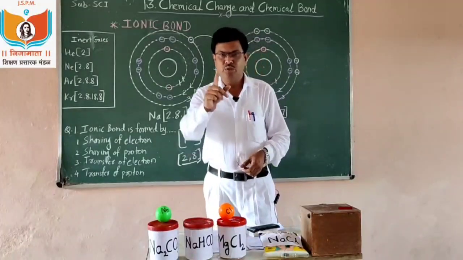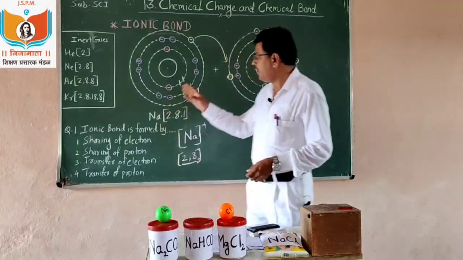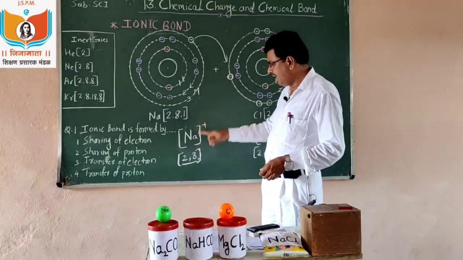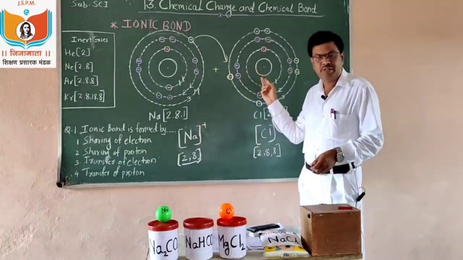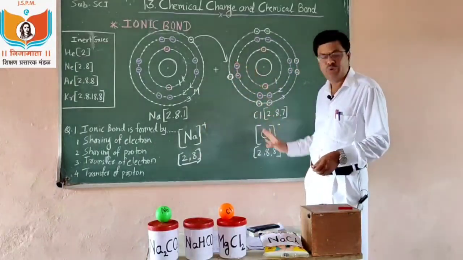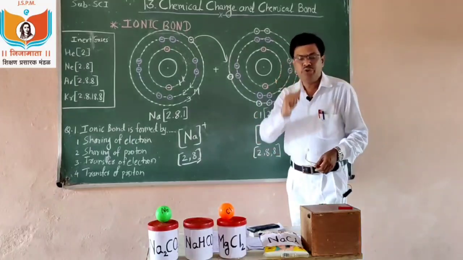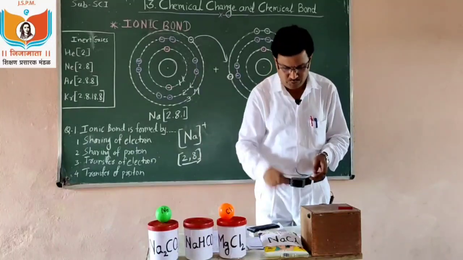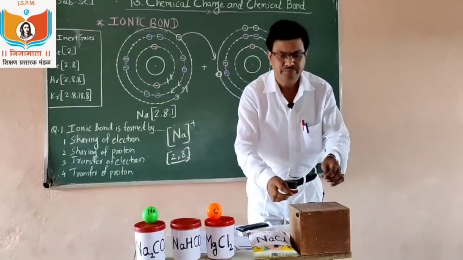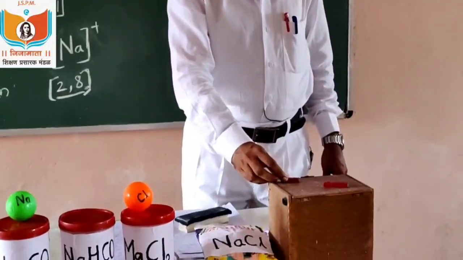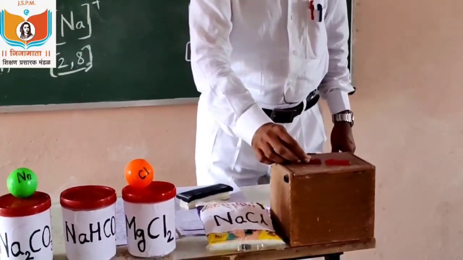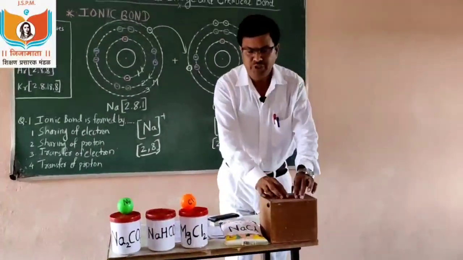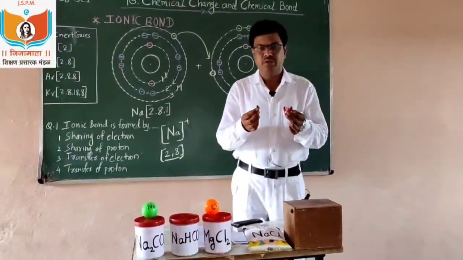Here sodium and chlorine combine. The sodium atom, by giving or losing one electron, forms a cation, and by accepting or gaining one electron, chlorine forms an anion. And we already know that in physics there is an attraction between south and north. We already know that there is attraction between opposite poles.